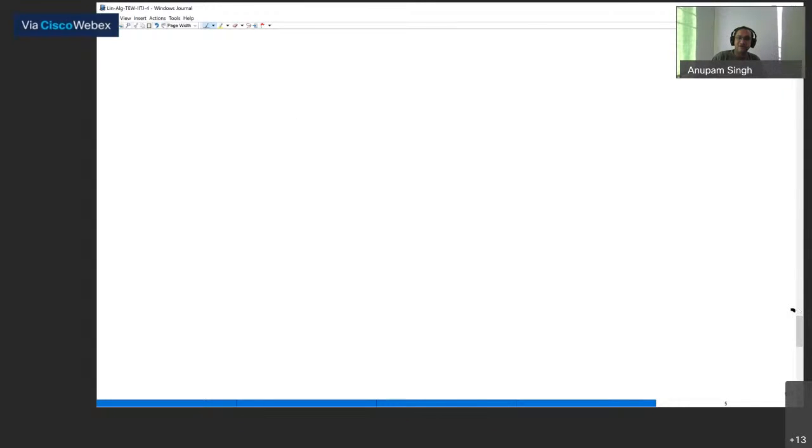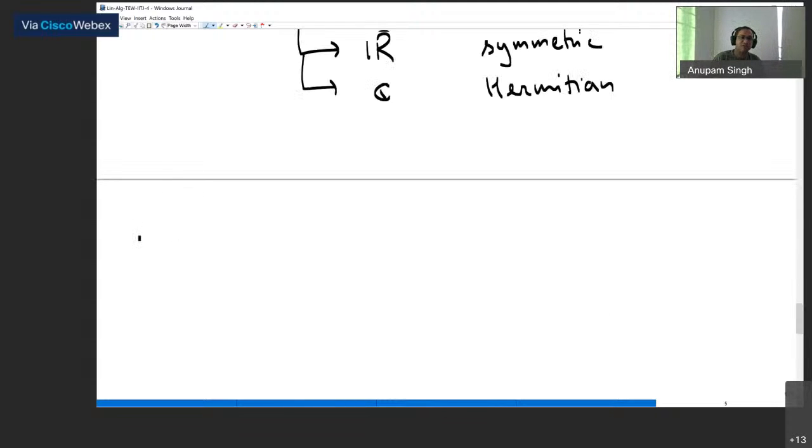The second example is what is called skew self-adjoint.